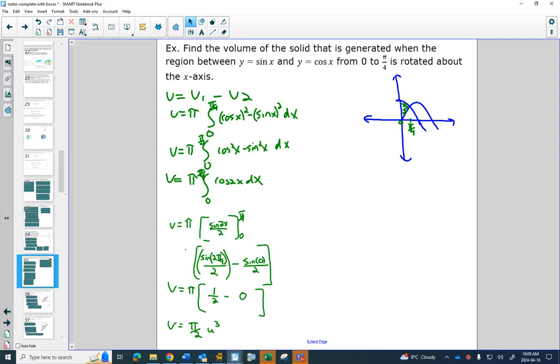Now, what's interesting in this one is that you have the integral of cos squared minus sine squared, and we have found that our integrals with cos squared and sine squared almost always use double angle identities.